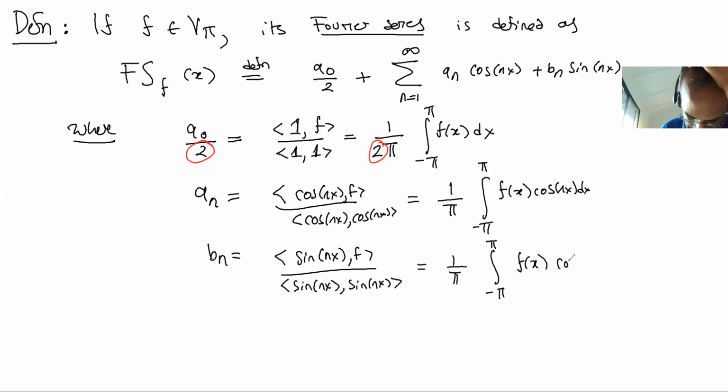Okay, so these are called the Fourier coefficients.